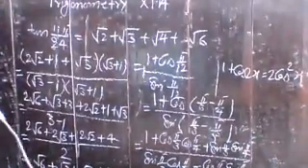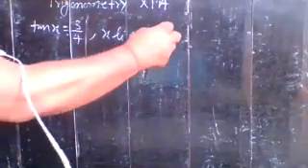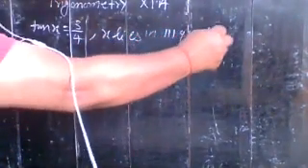If tan x is equal to 3 by 4, x lies in third quadrant, find the values of sine x by 2, cos x by 2 and tan x by 2.